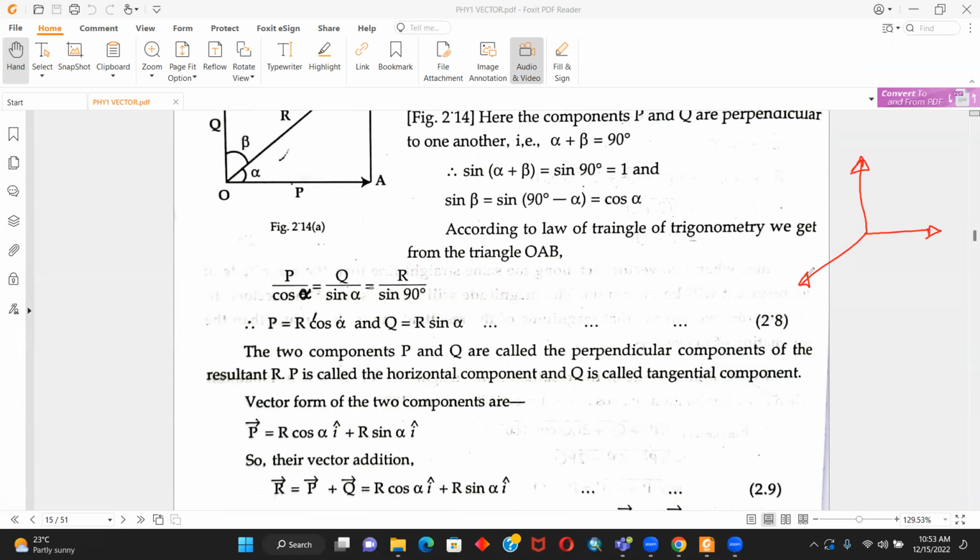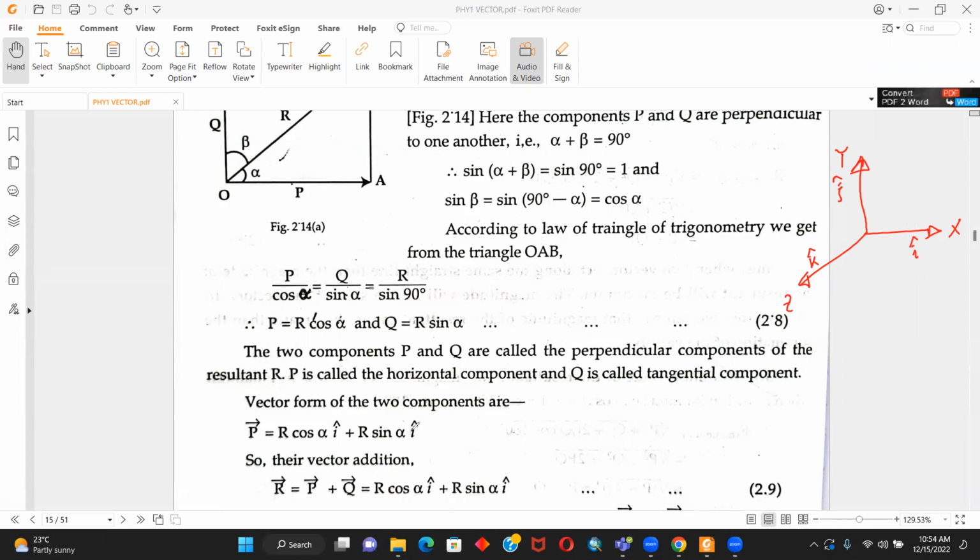Like in this plane, on the z axis we are considering k hat, on the y axis we are considering j hat, and on the x axis we are considering i hat. So that is how they have taken the directions.